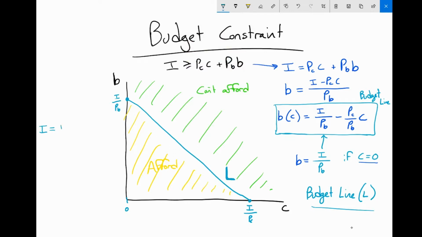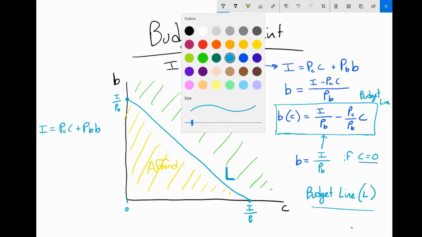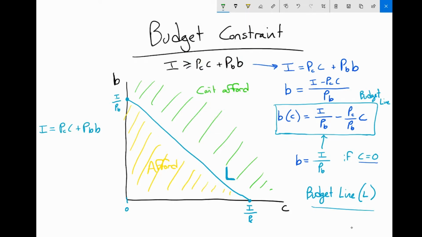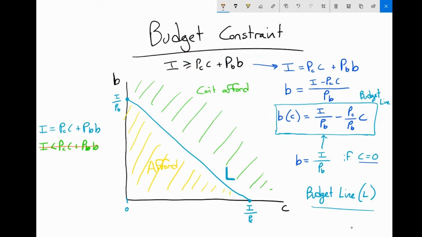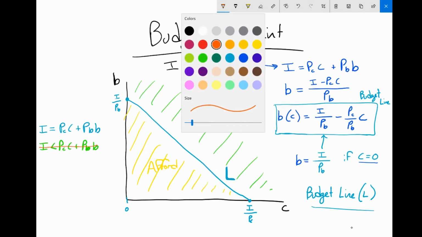At the budget line, I equals PC times C plus PB times B. Above the budget line, income is less than what they spend, which means they can't buy it. They cannot buy a combination of cups of coffee and bagels that would lie above I. So this is not possible. They can't buy anything out here that exceeds the budget constraint.